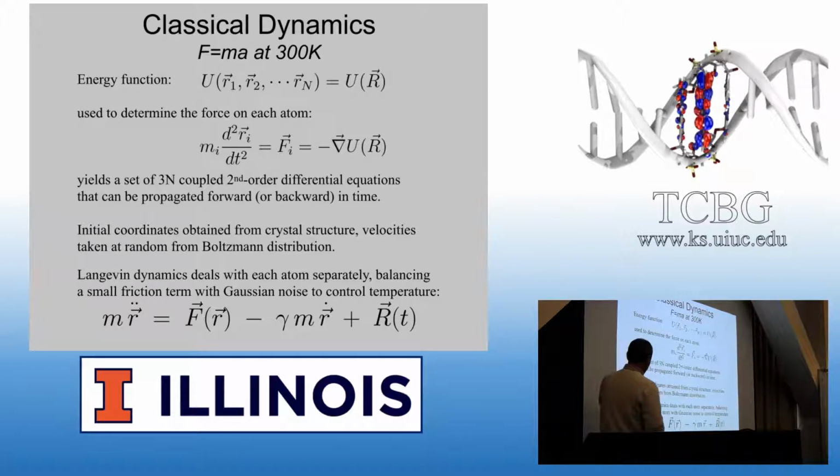I already pointed out initial structure coordinates are obtained from the crystal structure for a protein. Velocities, you are assigning according to the Boltzmann distribution.